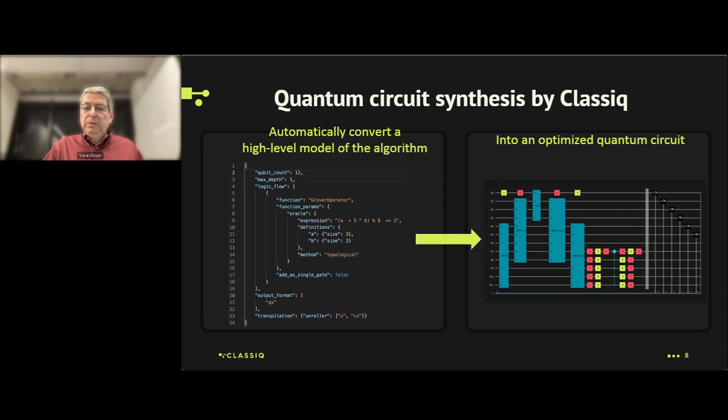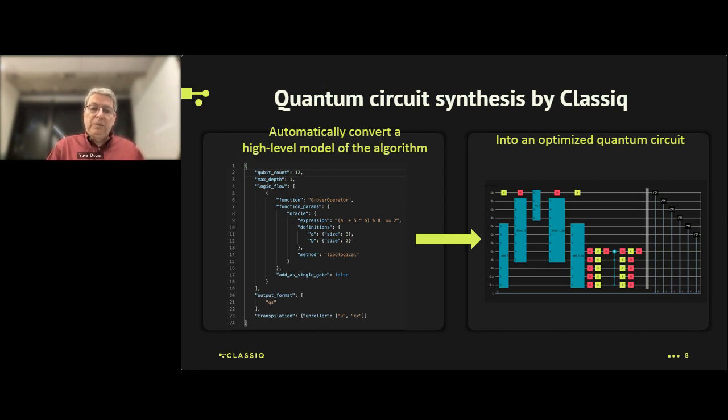So what we at Classiq are doing is we've developed a system where those who want to develop quantum software enter a high-level functional model. Essentially, they say, this is what we want the algorithm to do. And then we've baked a tremendous amount of expertise, experience and optimization into our platform to generate a circuit that makes the best use of the available resources of the computer that you want to run.